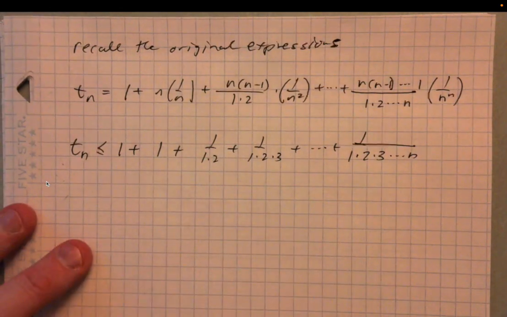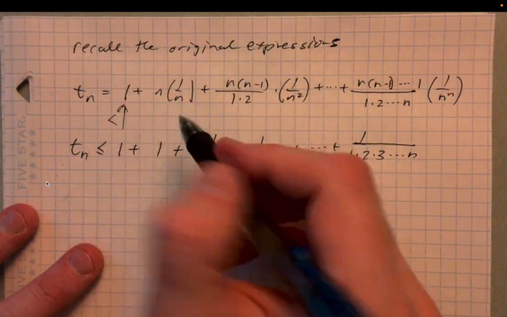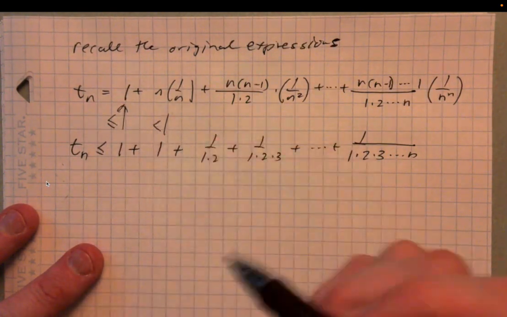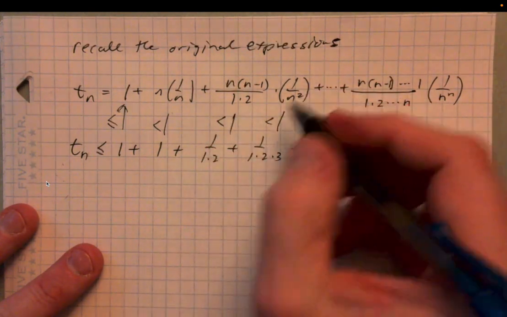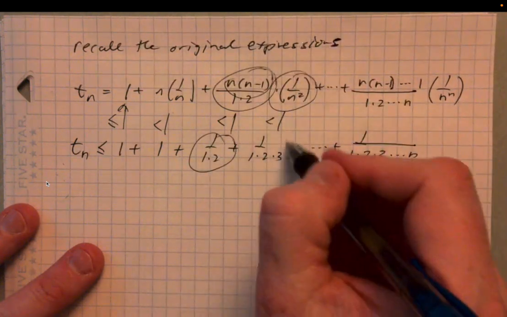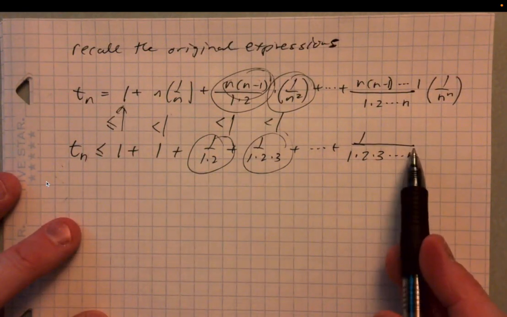Okay, this is just a term-by-term comparison, right? So this, we've got a less than or equal to here. Here we've got a less than. Here we've got a less than. Here we've got a less than, right? So this is less than this. This is less than that, right? And so on down the expression, right?